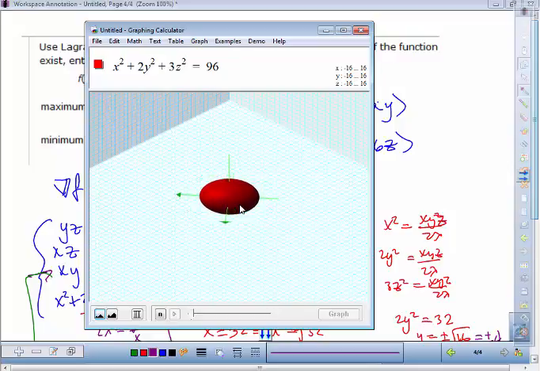So we should have known that was an ellipsoid, right? The x squared plus y squared plus z squared are all positive, and then you have different coefficients for the x, y, and z. So this is our ellipsoid.